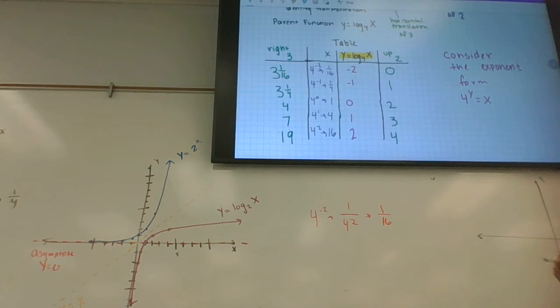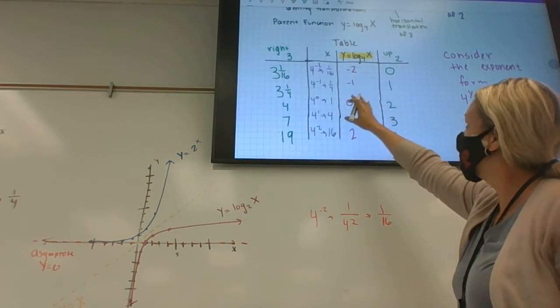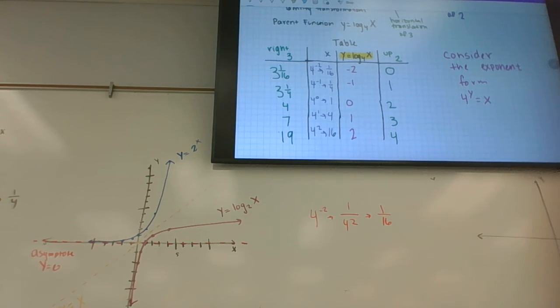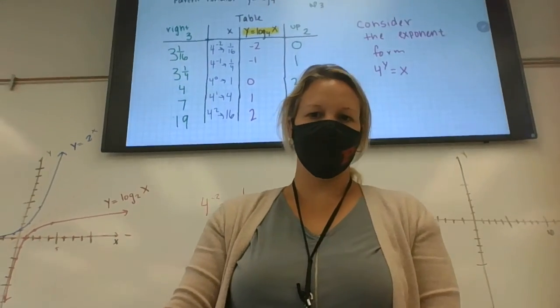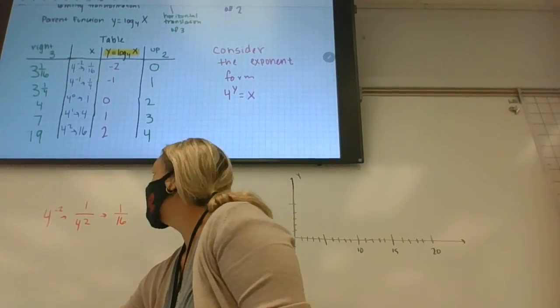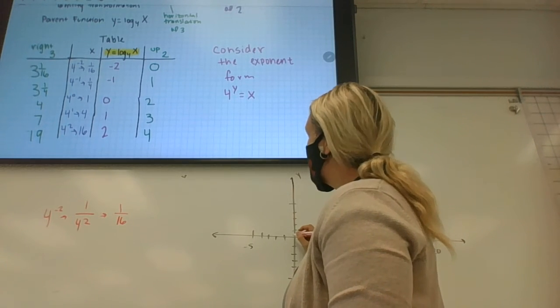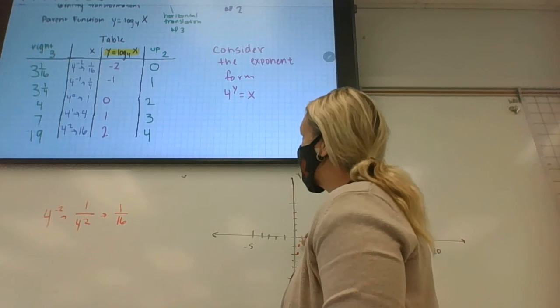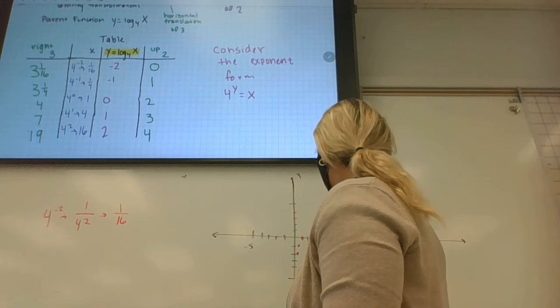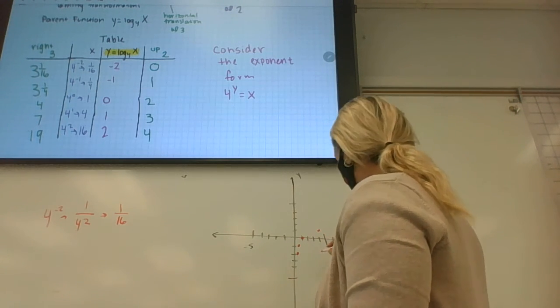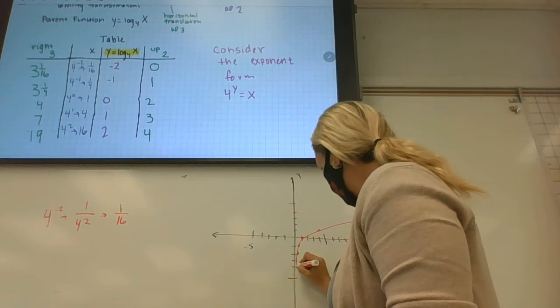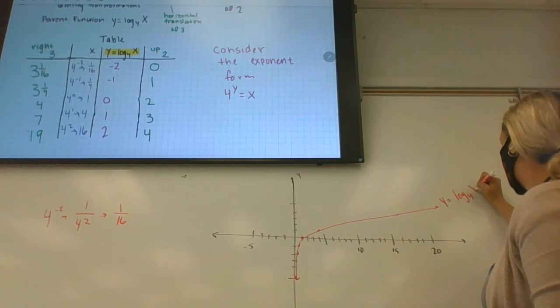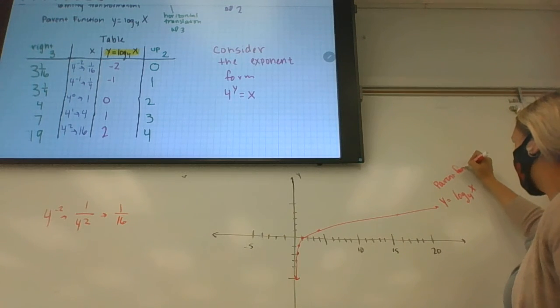So my x's go from 1/16 all the way up to 16, and in this case 19, and my y's just go up to 4. From the middle of the table.